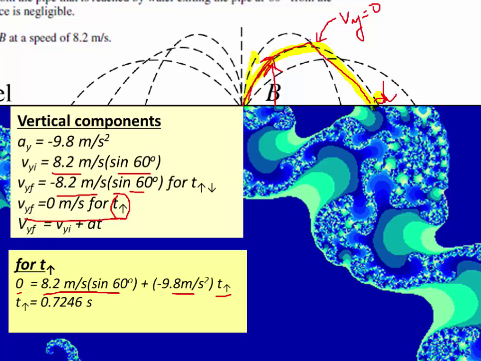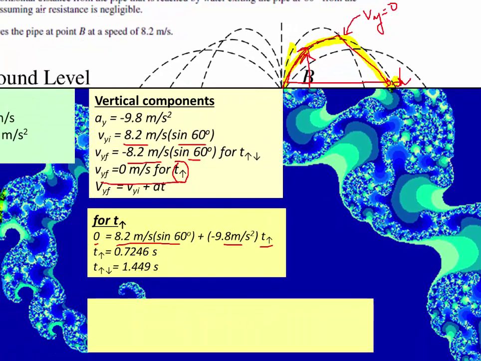But remember, we're going to have to find the time going up and down, because the water travels horizontally all the way, not just as it goes up to this point, but as it comes back down. By symmetry, time up and down is just 2 times the time going up, so it's 1.449 seconds. You can also solve for the time going up and down right at the beginning.